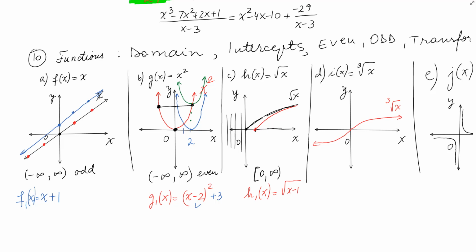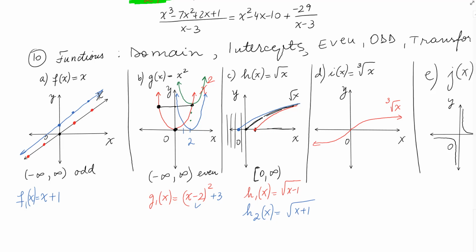If we were to have h2 of x equals square root of x plus 1, we would shift 1 unit to the left. So we would get something like this.